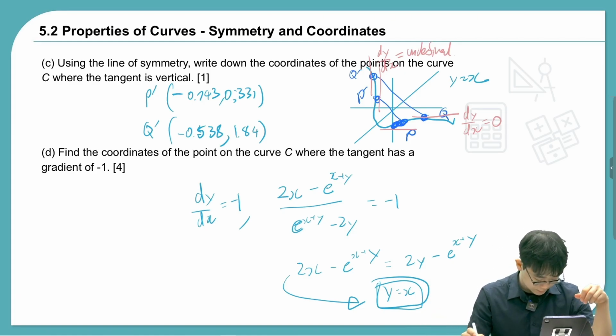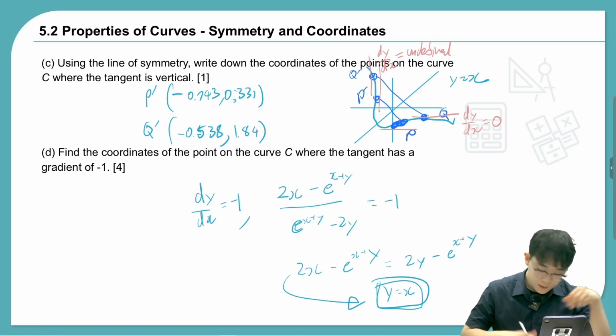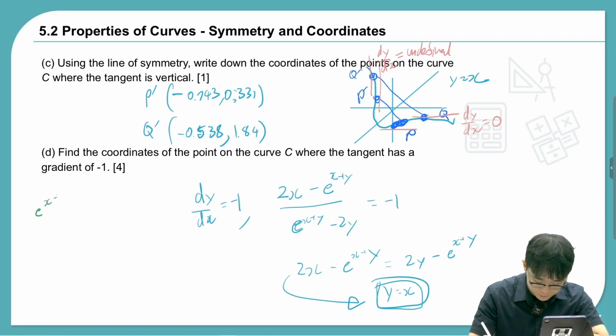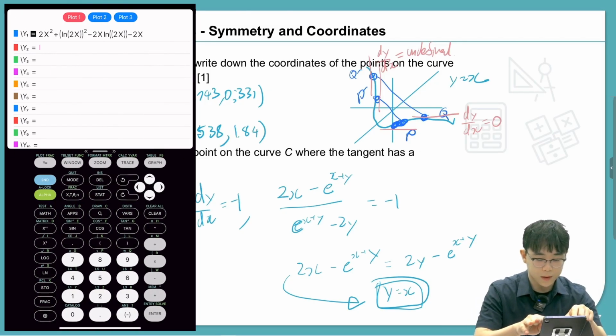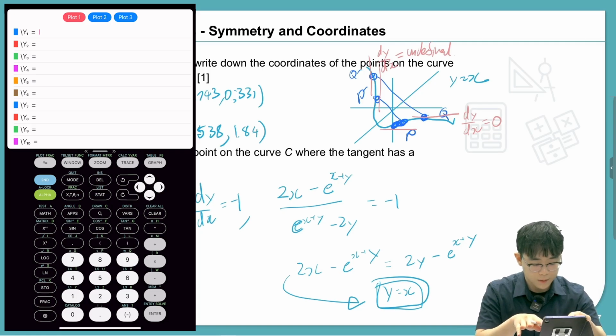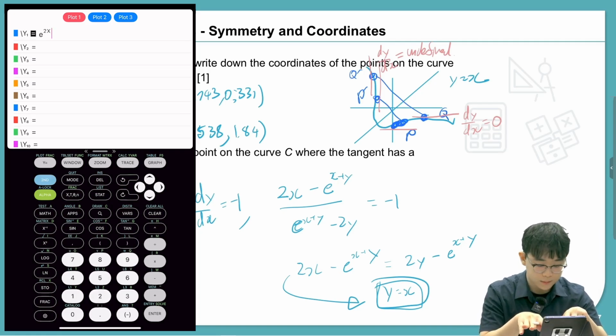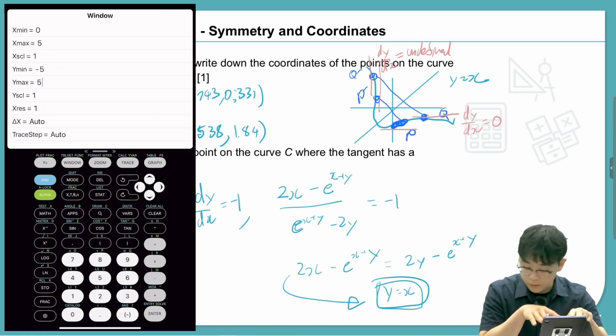The original formula was e to the power of x plus y is equal to x squared plus y squared. But now we're going to say, since x is going to equal y, we can just write e to the power of 2x is 2x squared. So if we were to solve for this, we'd have e to the power of 2x minus 2x squared. And then if we were to solve for this, let's see what we get.